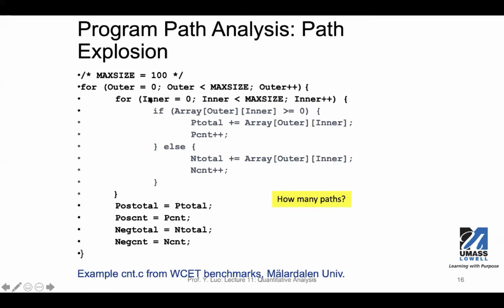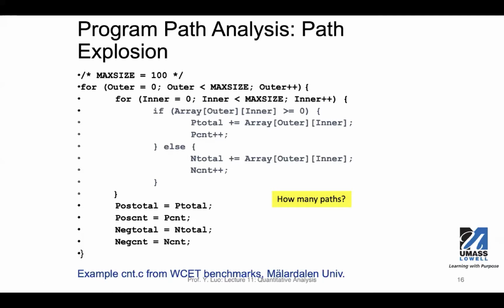Within the inner for loop, we have these several lines of code. So we know this several lines of code will be executed 100 times 100. That's 10,000 times. It's just because of these two nested for loops.